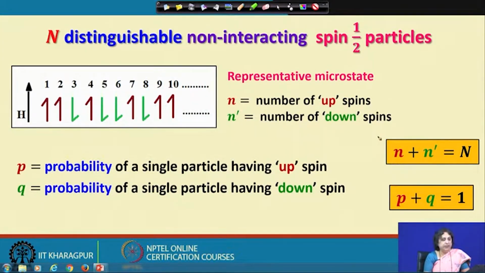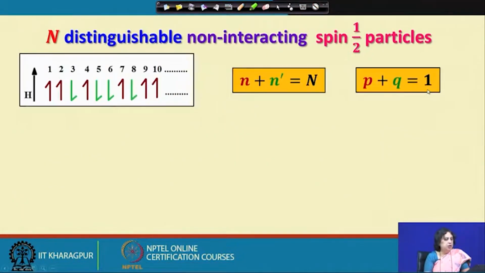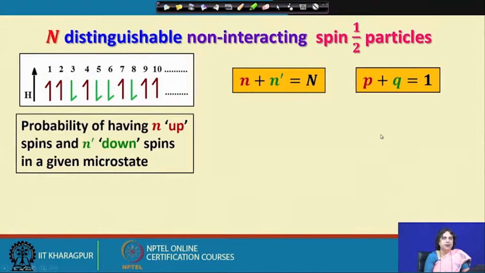Now, with this background in mind, let us have a look at the kind of distribution that we are talking about for a system like this.